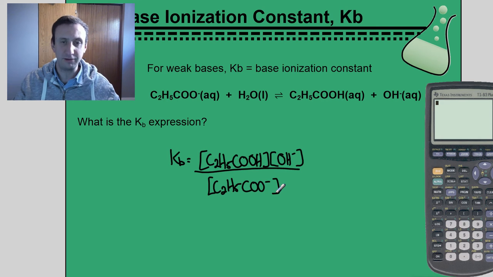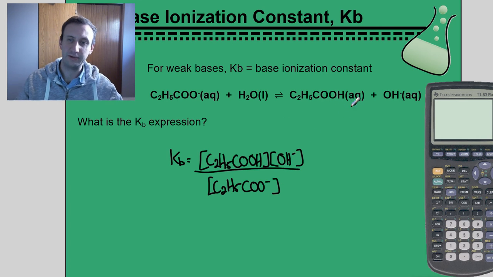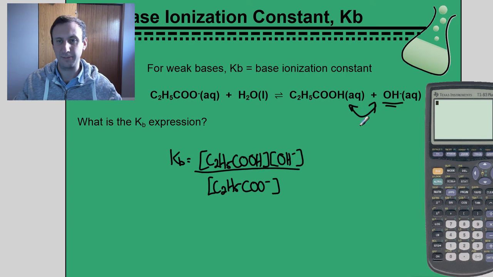Now, if you watch the Ka video, you already know what's going to happen here. We're going to make some assumptions in order to simplify this. We're going to say that, assuming that I had no hydroxide to begin with, these two concentrations are approximately equal. Pretty good assumption. It's not exactly true, these will be slightly different, but they're close enough that it will not matter for a normal weak base. Then we can also assume that the concentration of this original base will not change significantly from initial to equilibrium concentration.